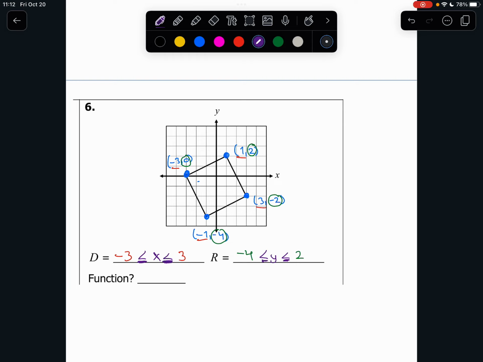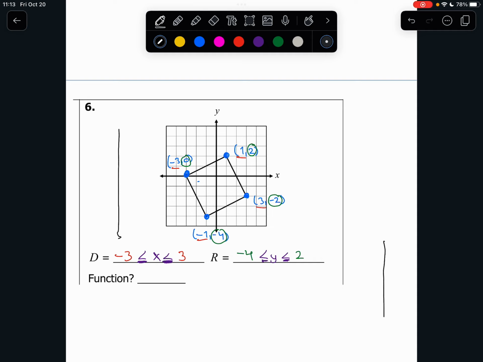Okay? And then finally, what we have to do is determine if we have a function. Well, the best thing to do on a graph is to attempt to draw a vertical line. So let's see if this will work. Okay, it's not going to draw for us.